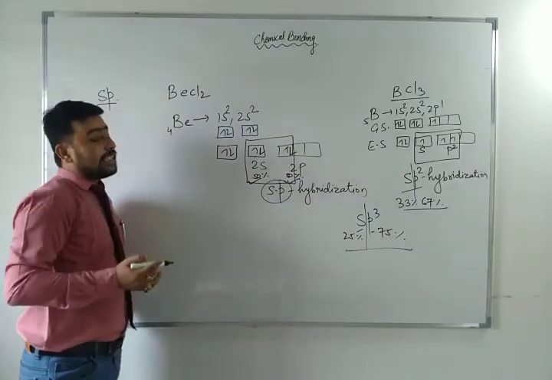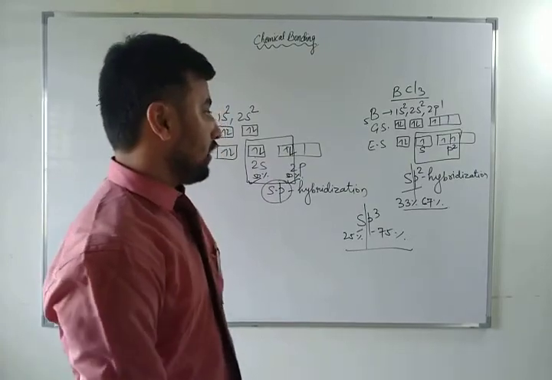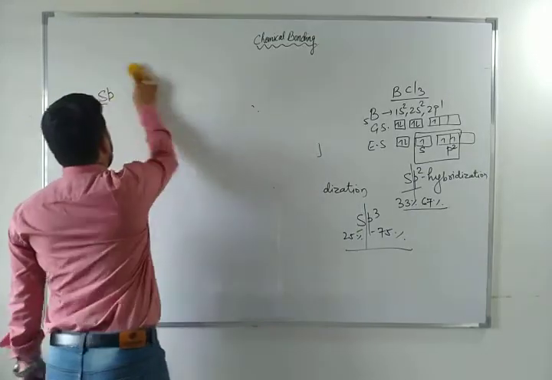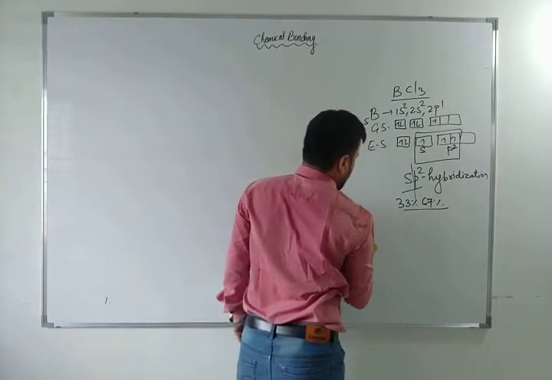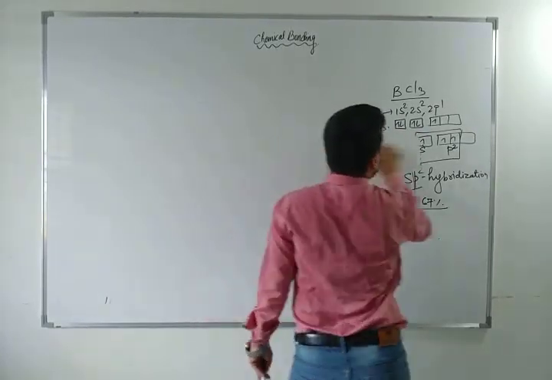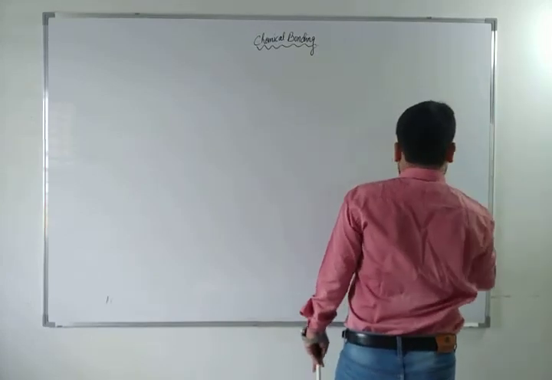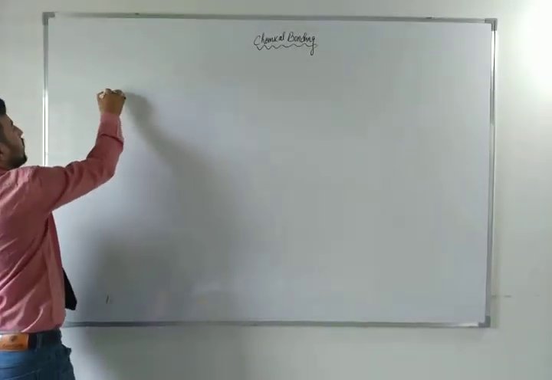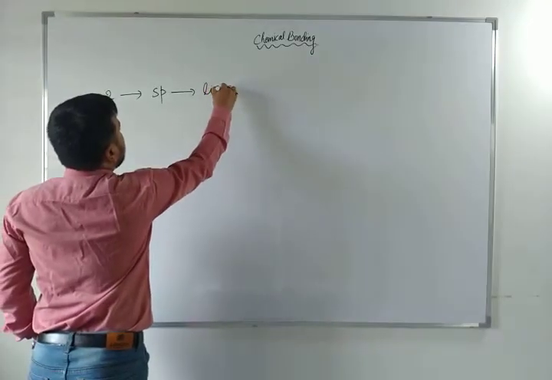So as you have seen, just remember about the valence electrons and hybrid orbitals. These two things will give you the confirmation about the hybridization, the types of hybridization, and the geometry of the molecules. You have to remember: when the number of hybrid orbitals is 2, then sp hybridization, shape will be linear.